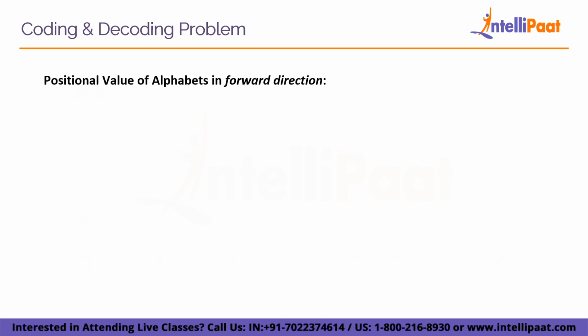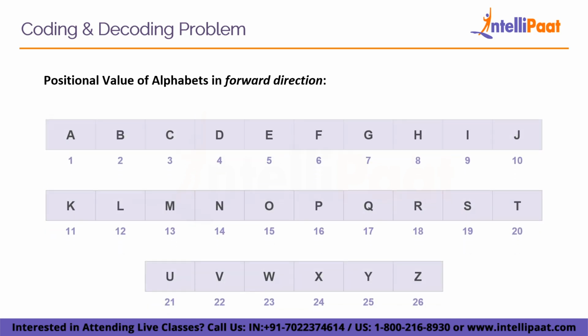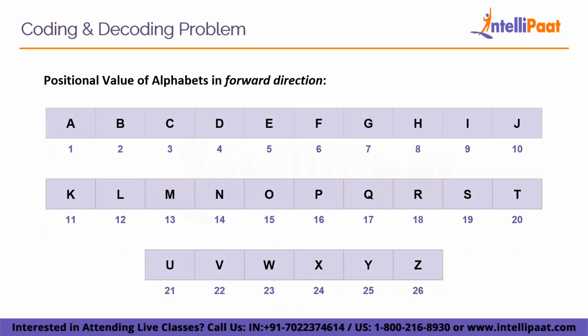And now, before we jump on to solving the problem, there are some basic things that we have to keep in mind while solving these kinds of problems. So, we need to keep the positional values of the alphabet both in the forward and backward directions in our mind. So as we can see here, A is having the positional value of 1, B as 2, C as 3, D as 4 and so on.